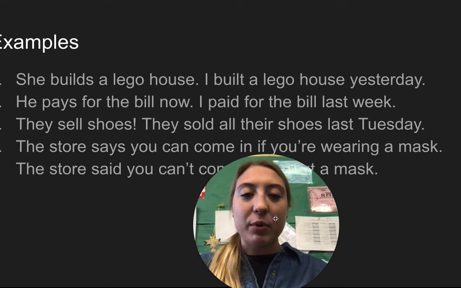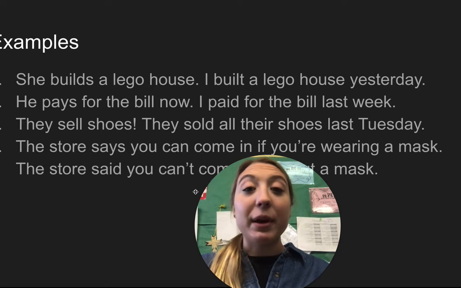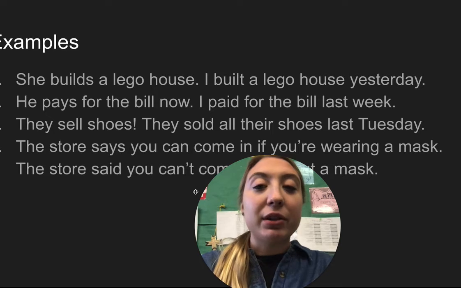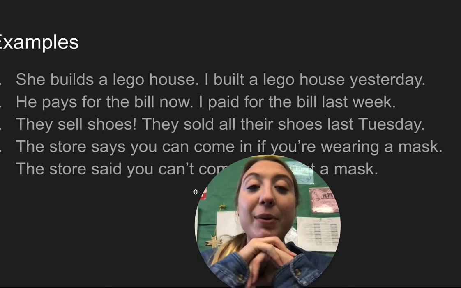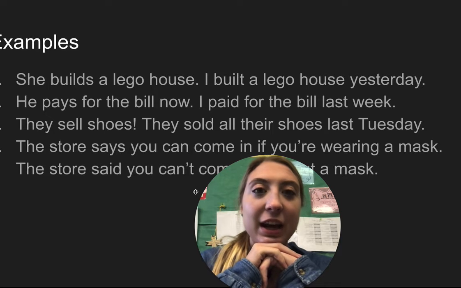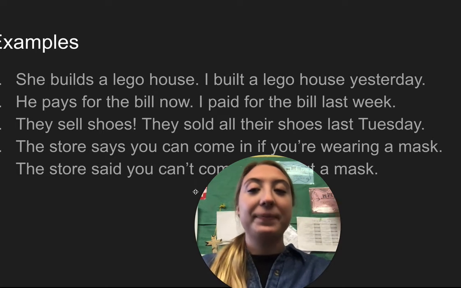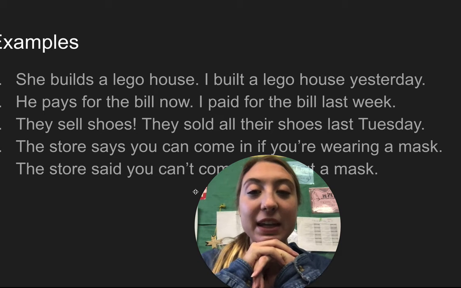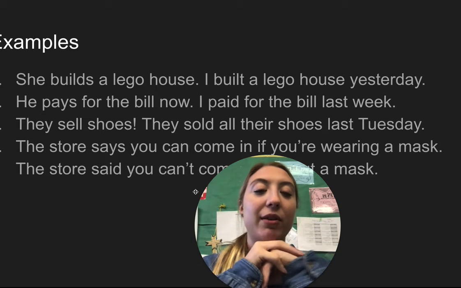One example we're going to be using is she builds and built. She builds a Lego house, so it's saying now. But I built a Lego house yesterday. I changed it to past tense. I already built it. It's already made. Same with he pays for the bill now. I paid for the bill last week.